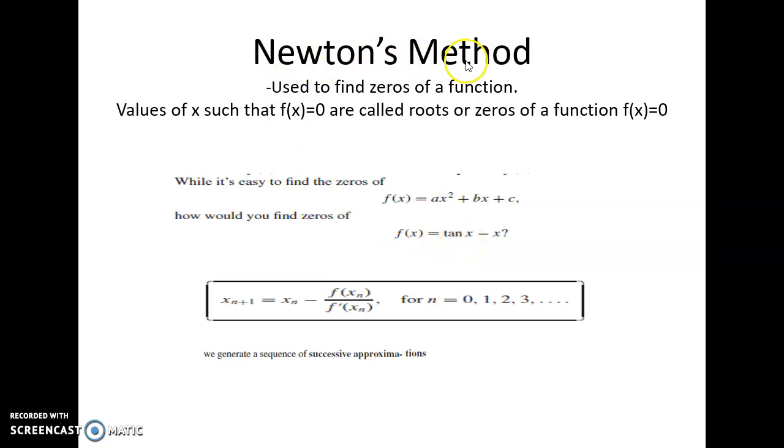So what Newton's method does is, it gives you the zeros of such transcendental functions where there are no formulas. So clearly we see here that Newton's method is used to find the zeros of a function. What do you mean by zeros of a function?